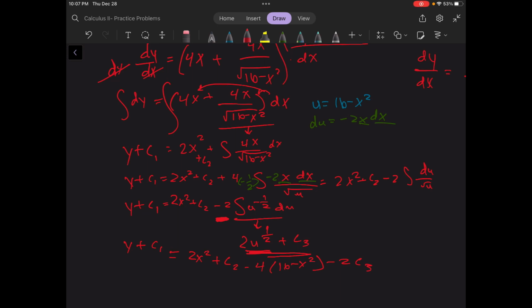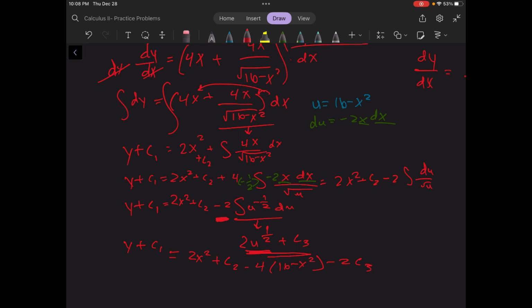Now, you might be confused at all these c1, c2, and c3s because maybe your textbook just skips this and goes to show that all of them are just constants, which means that all of them are going to create a new constant.